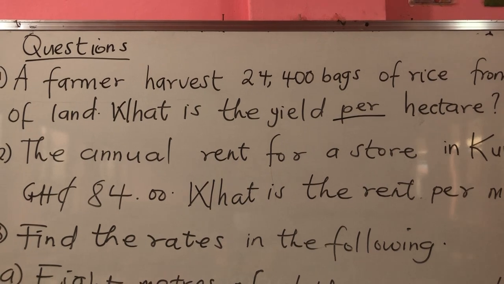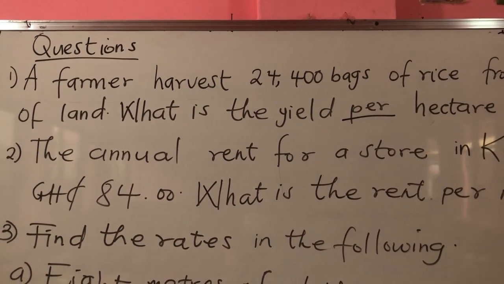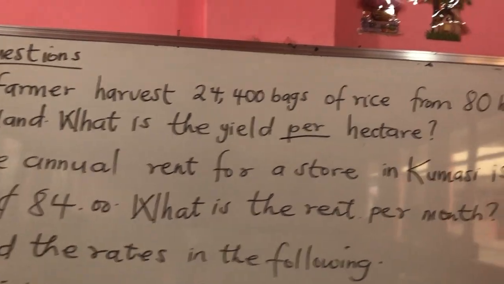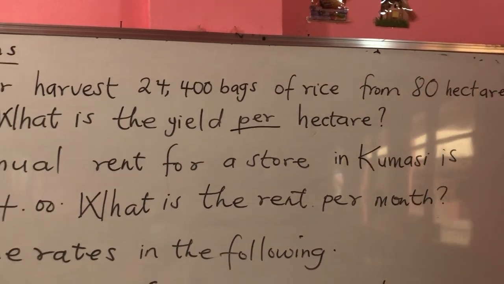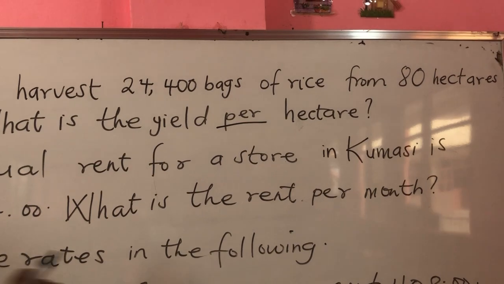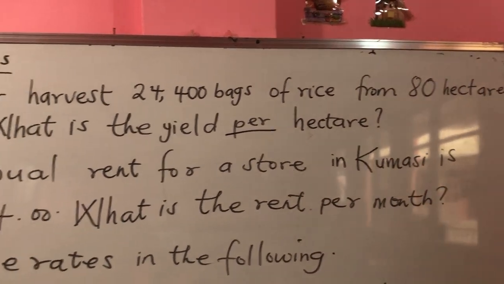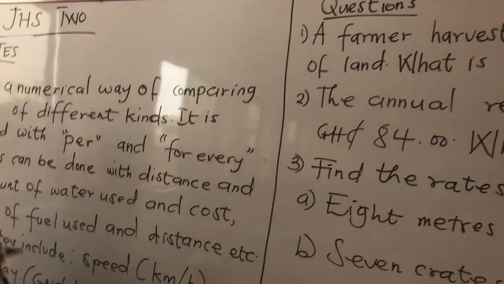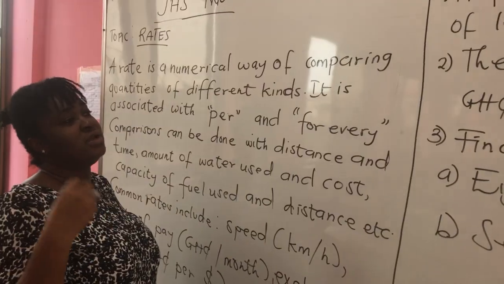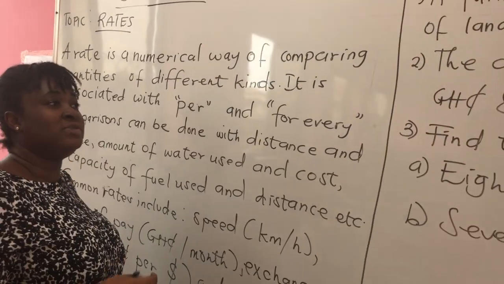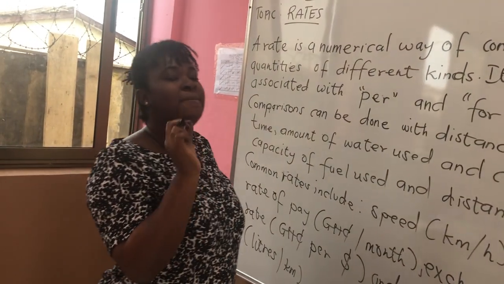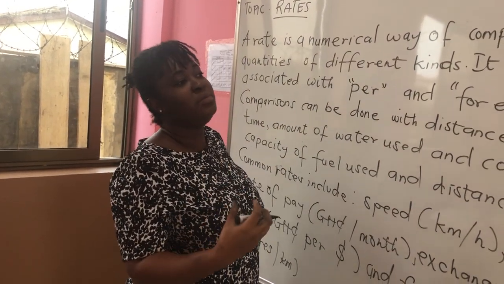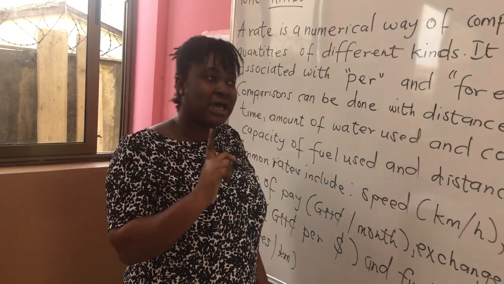They are asking that for every 80 hectares of land, he harvests 24,400 bags of rice. So you're supposed to find how many bags of rice he gets from a hectare of land. I hope you understand. If 24,400 bags can be cultivated from 80 hectares of land, your question is to find how many bags of rice can be cultivated from a hectare of land.